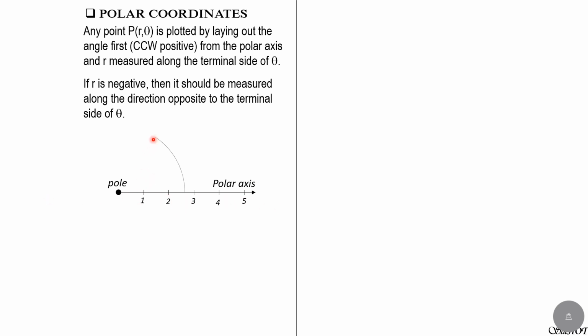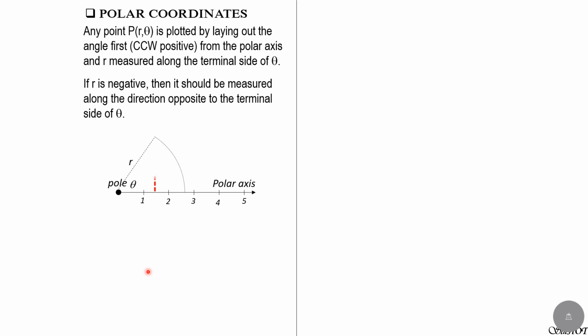So this is the point P. The distance from the pole to that point is r, and the angle that r makes with the polar axis is theta, positive in counterclockwise direction as shown. So that is theta, that's r.